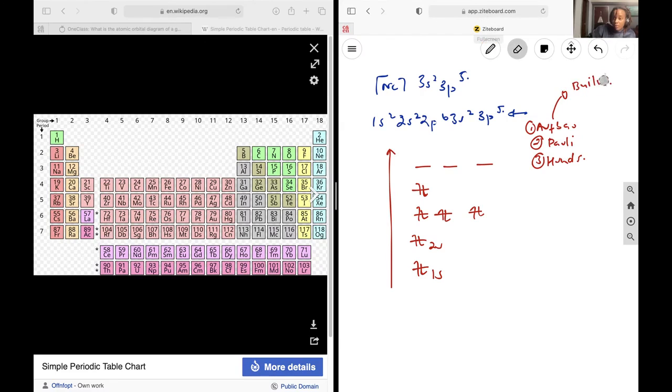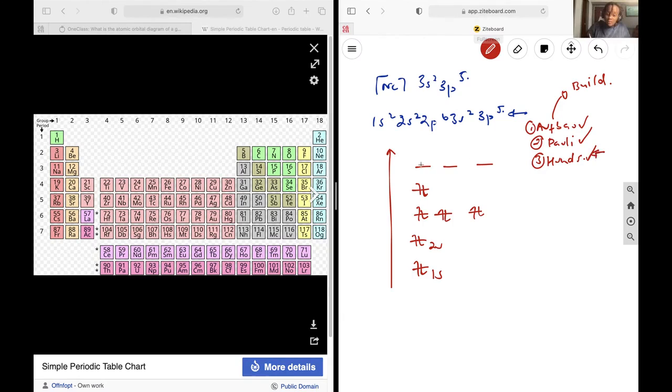And so when we're forming the lowest energy state, we fill in the lower energy orbitals as we have done here before we fill in the higher energy orbitals. Pauli just states that two electrons in the same orbital must have opposite spins so that their quantum number identifiers aren't exactly the same. And then lastly, we have Hund's rule, and that just simply states that we fill in orbitals in order to have maximum multiplicity.